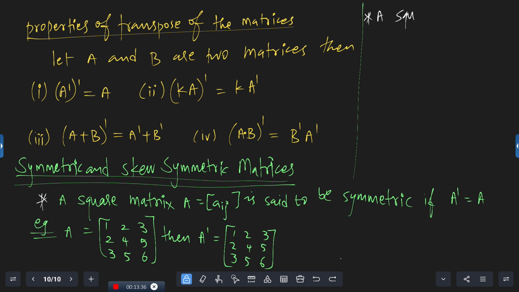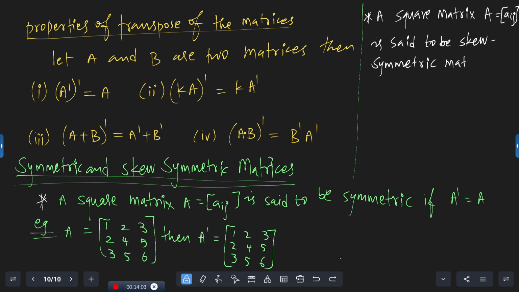A square matrix A is said to be a skew symmetric matrix if what condition? Very important condition.